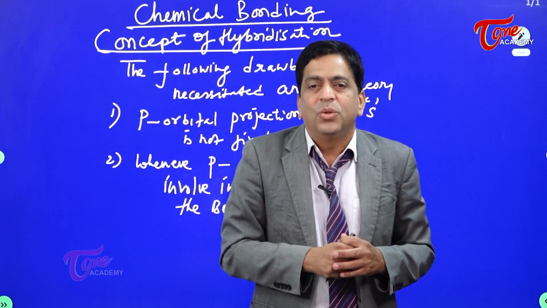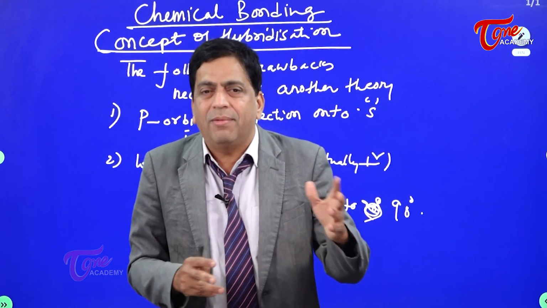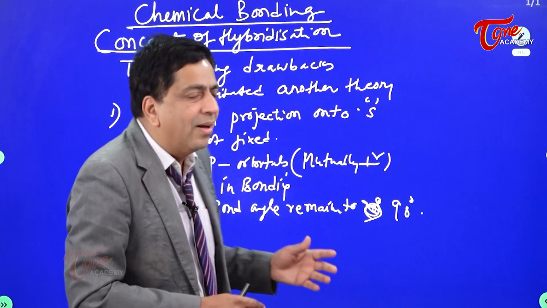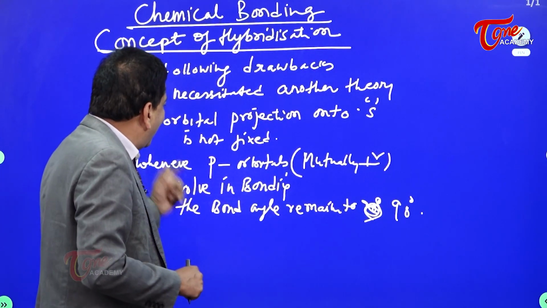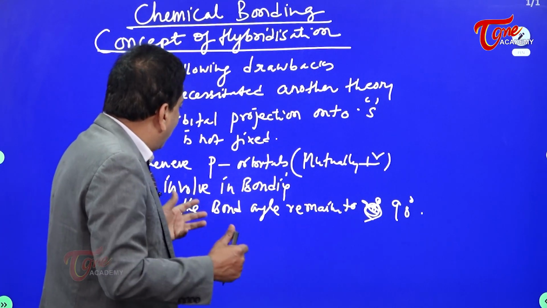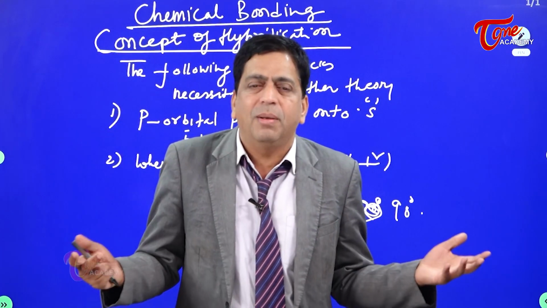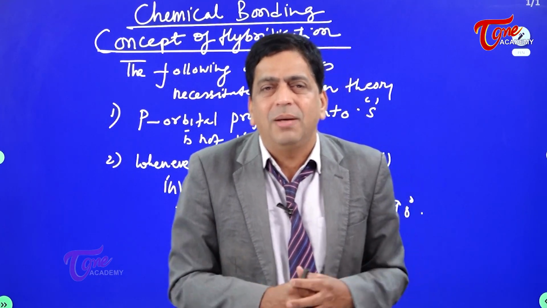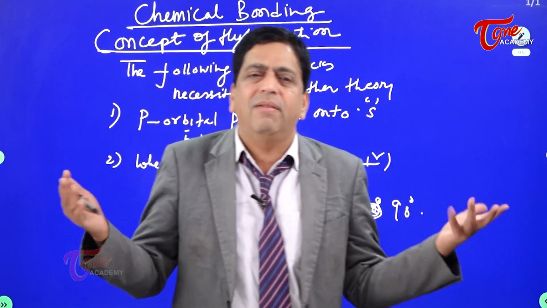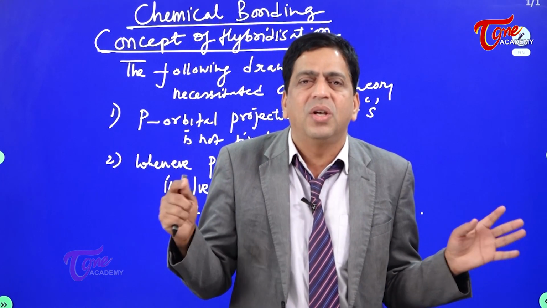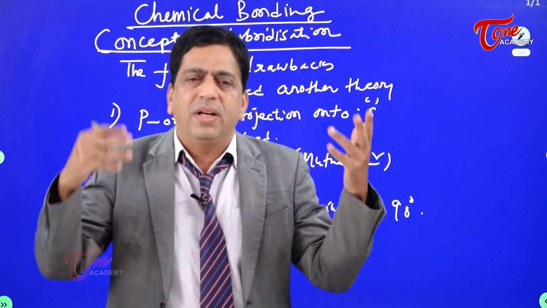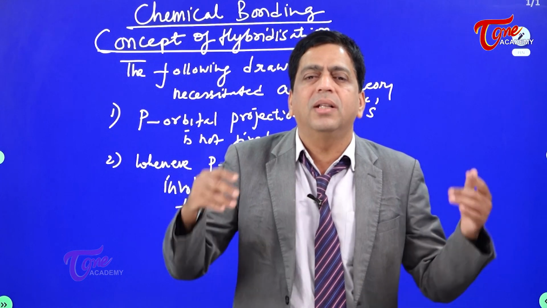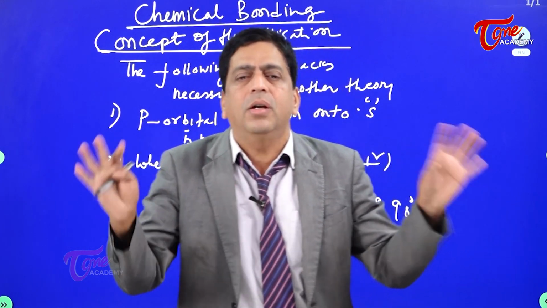You must understand that. So 3 things, 2 I have written. One, the projection of P onto S is not fixed. And whenever P orbitals are involved in bonding, the bond angle remains to be 90 is ridiculous. That means that you're telling me that the 5th group hydrides are all having bond angles 90 and the 6th group hydrides all having bond angle 90, and whenever p orbital is participating in bonding, the bond angle remains to be 90 is silly, ridiculous.